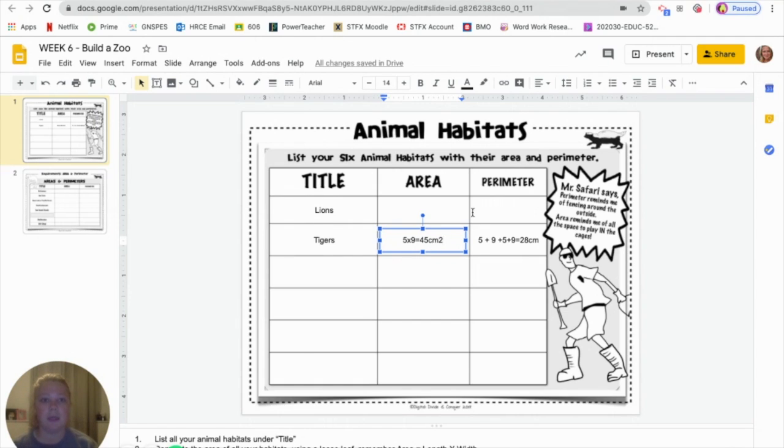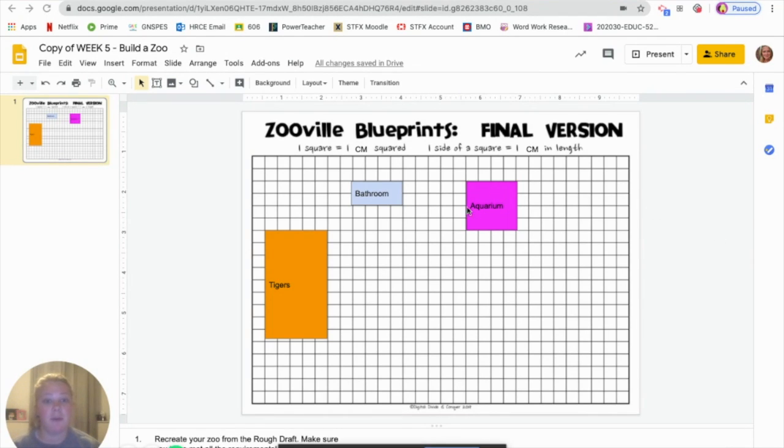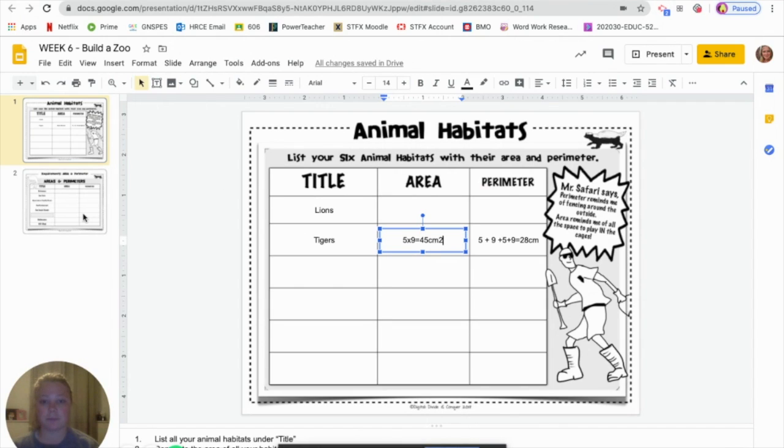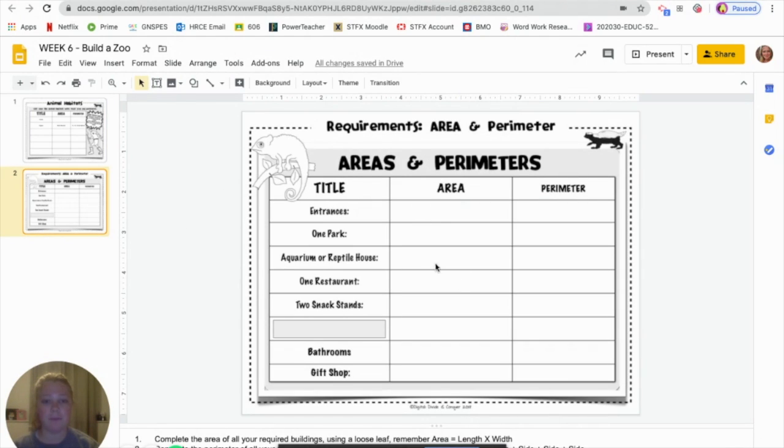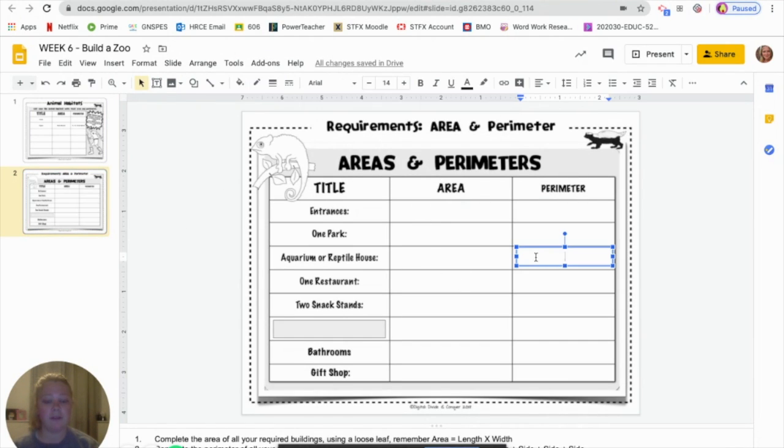Okay. Next what I'm going to do is my aquarium. This one's a little bit different because it's a square, not a rectangle. So I know that all of my sides are going to be the exact same length. This one has 1, 2, 3, 4 squares. So I'm going to go to my week 6, find my aquarium, perimeter first.